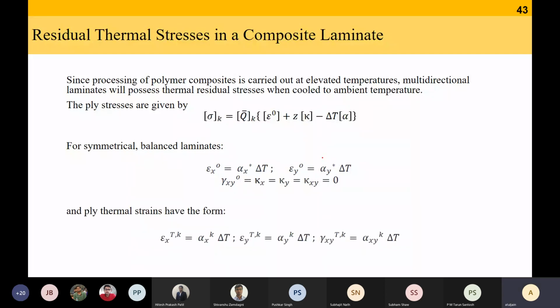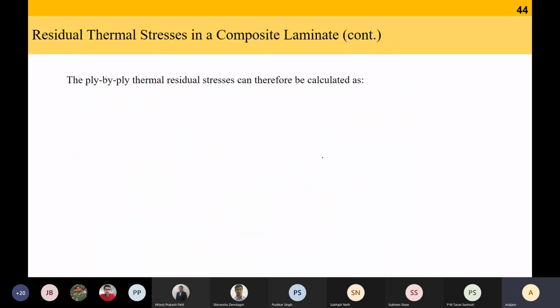Okay. So the ply thermal strains, I can write like this. Now, once I have the ply thermal strains, the ply by ply thermal residual stresses can be calculated in this format.